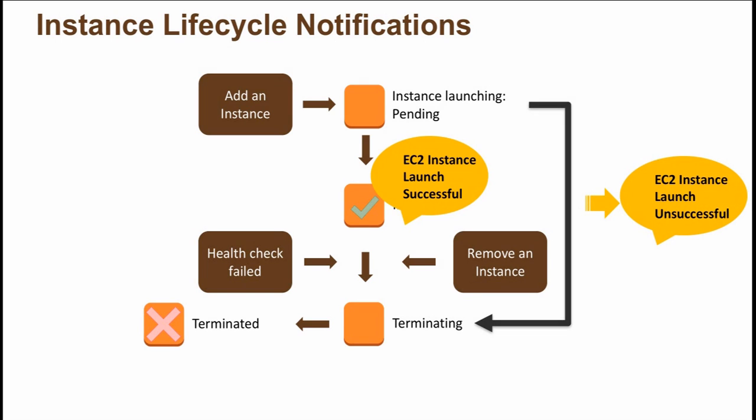If an instance launch was unsuccessful, that's also important to know. You might want to create an alarm and page your administrators because that might be a sign of a deeper problem. And of course, you also want to be notified if an instance terminated successfully. So it means it's gone. That's another kind of notification that is sent.